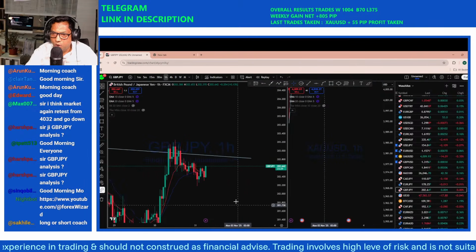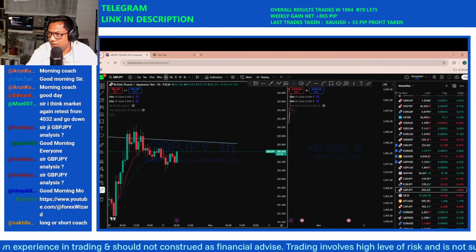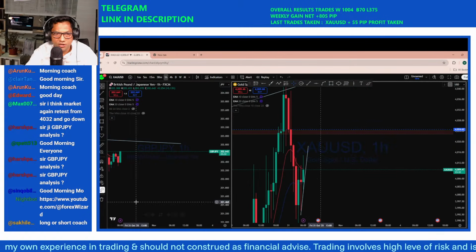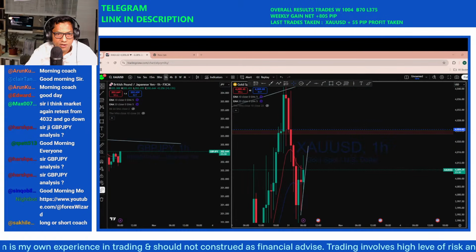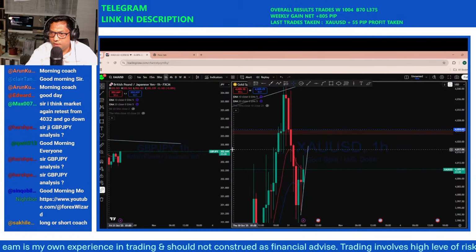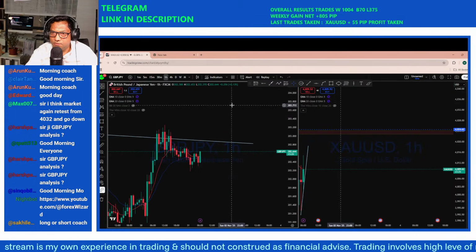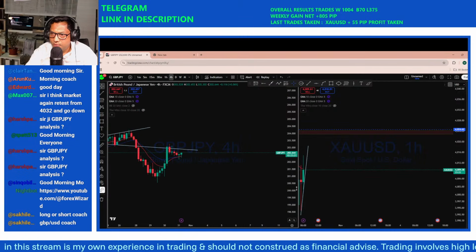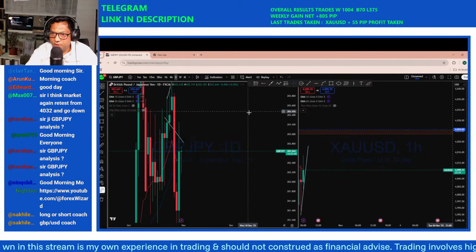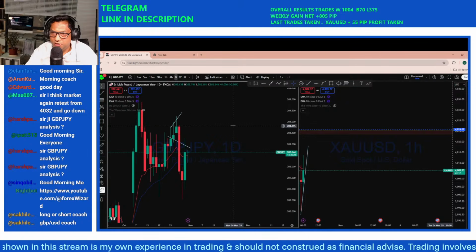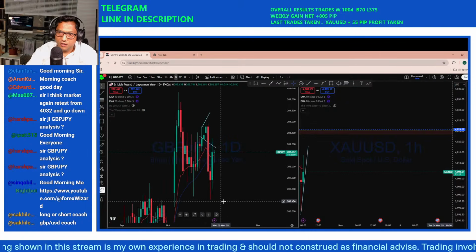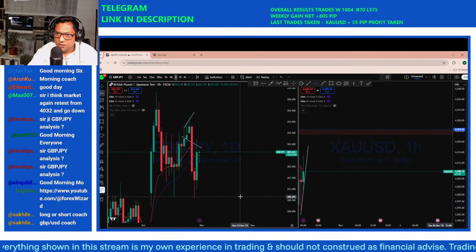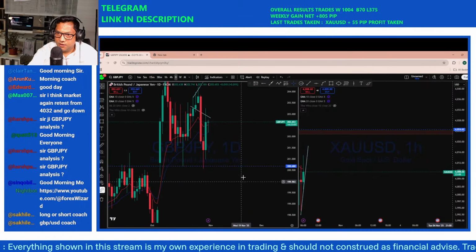So GBPJPY, we see there was a significant bullish trend continuation here on GJ, and with this bullish move back up on GJ, from the daily perspective on GBPJPY, after the previous daily break below here to this support level, the market almost tested this gap support.